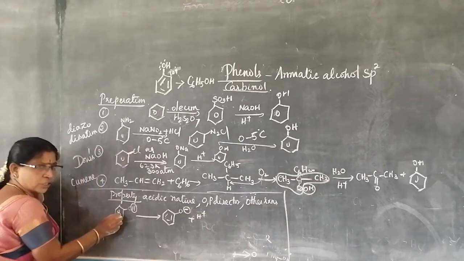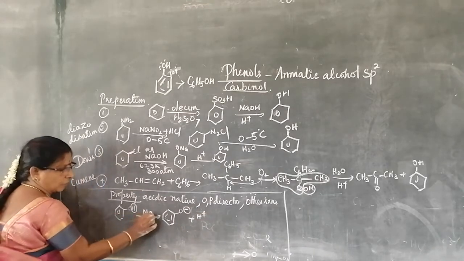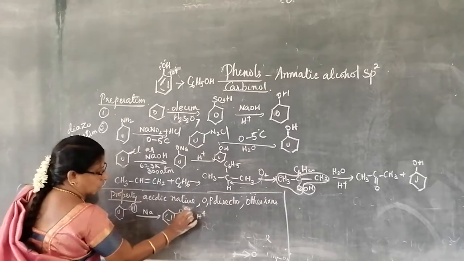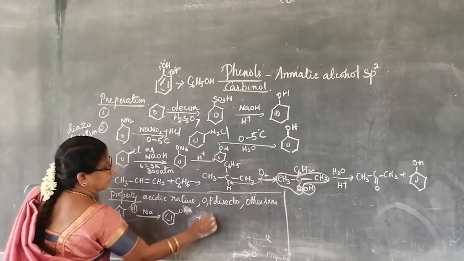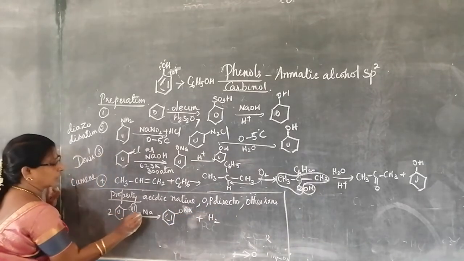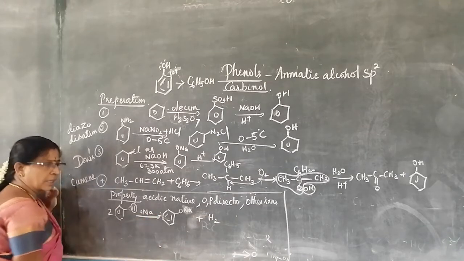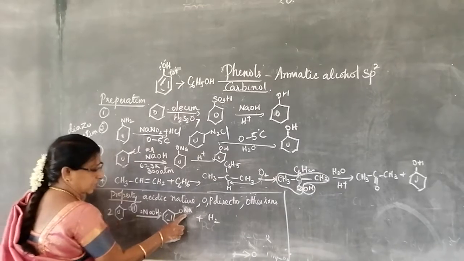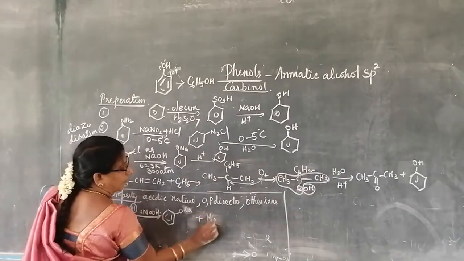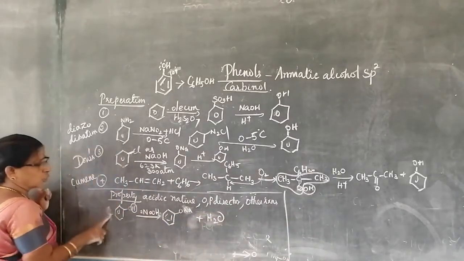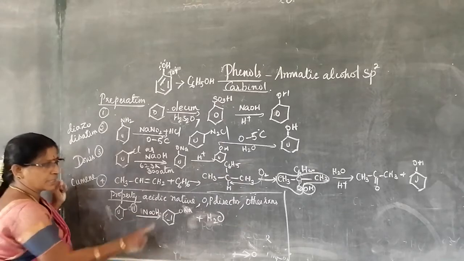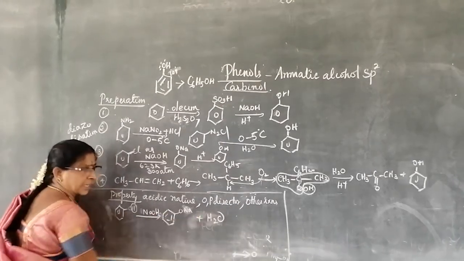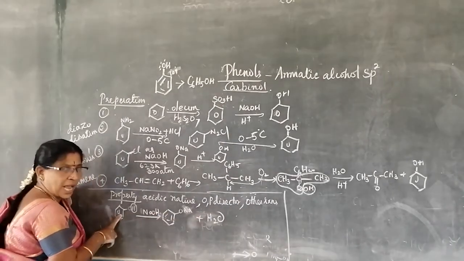When it is treated with sodium, you will get sodium phenoxide plus hydrogen liberated, taking 2 molecules. Then you can treat it with sodium hydroxide. You will get the same sodium phenoxide plus H2O. So it acts as an acid.